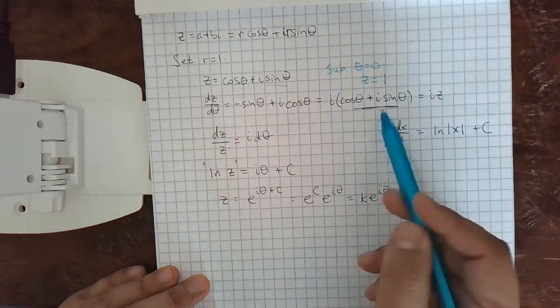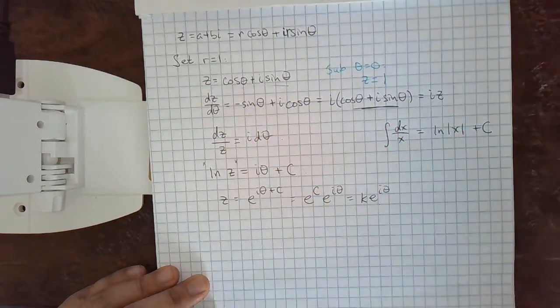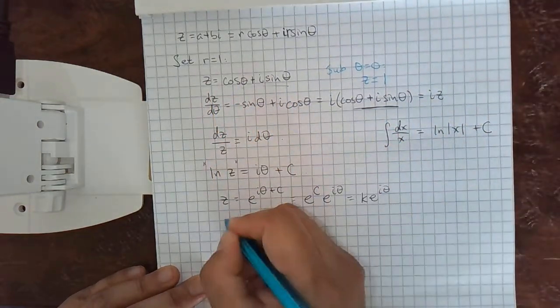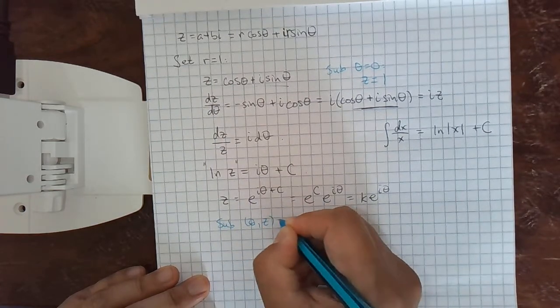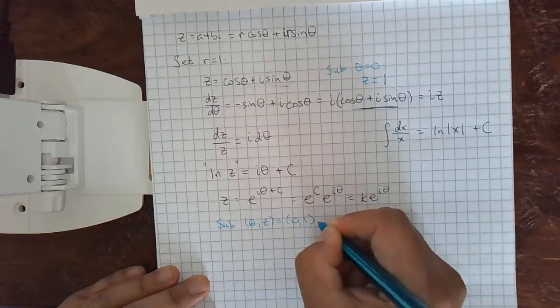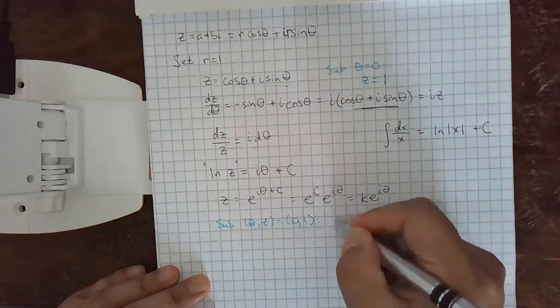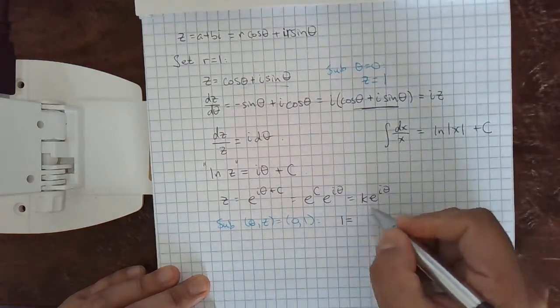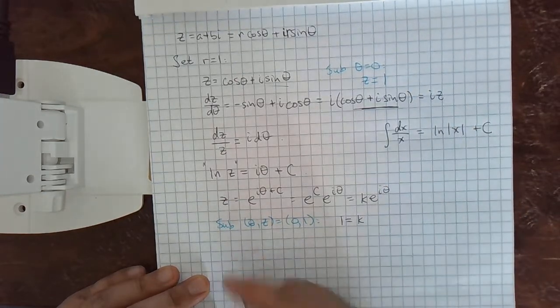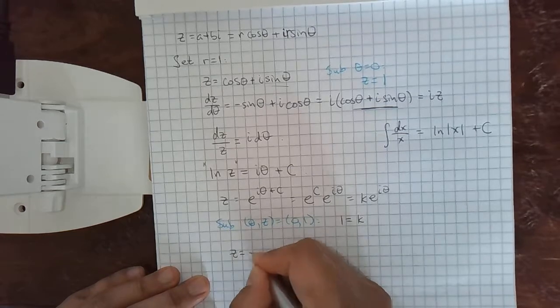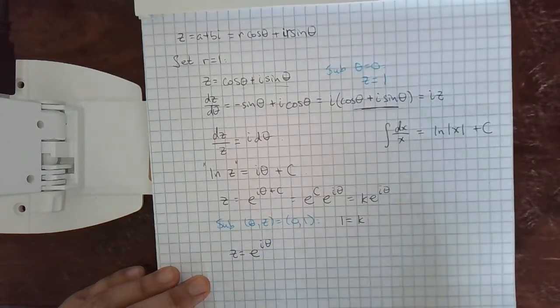We're solving a differential equation, but we knew what the answer was. Okay, so we're going to sub theta comma z is 0, 1 in here. And then we get 1 equals, on the right-hand side, k times e to the 0, which is 1. So k equals 1, so that means z is e to the i theta.